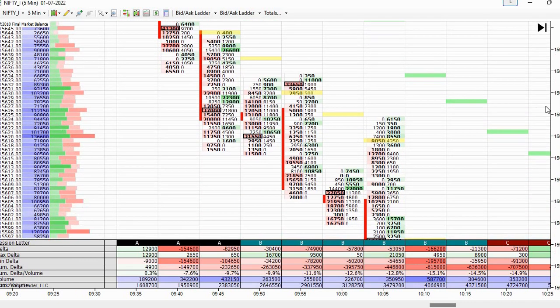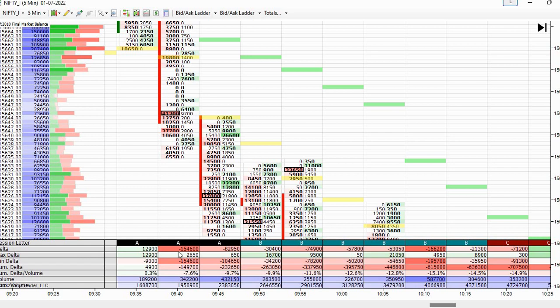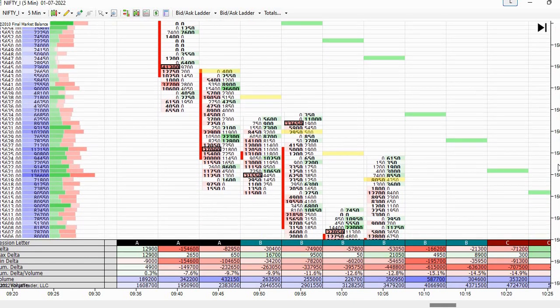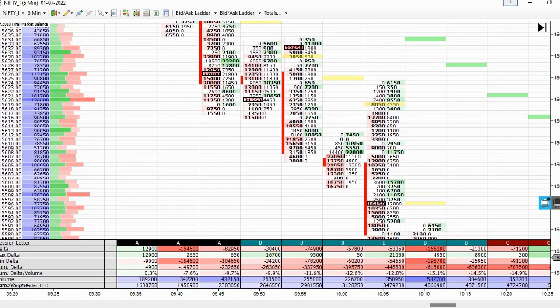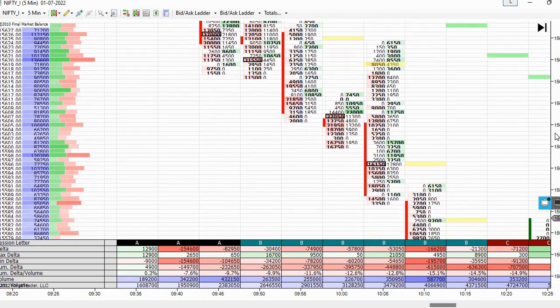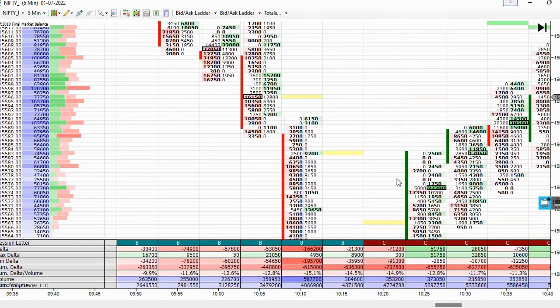When you see a delta of 154,000 coming into the market on the selling side, you should wait for that candle to be broken by another higher delta, which here is 82,000, fairly more than an average delta on the sell side. That came into the market right after that 5 minute, and then slowly it went down and down.